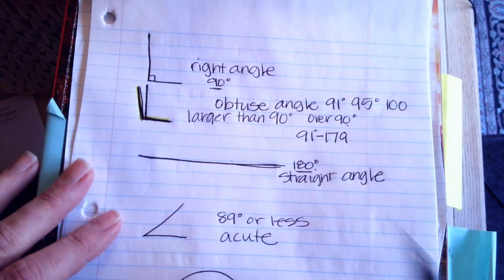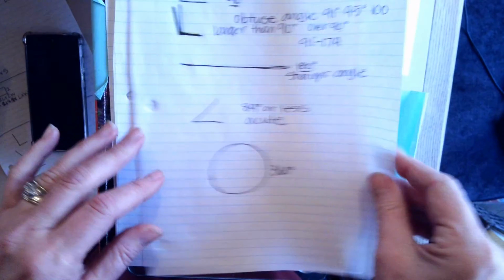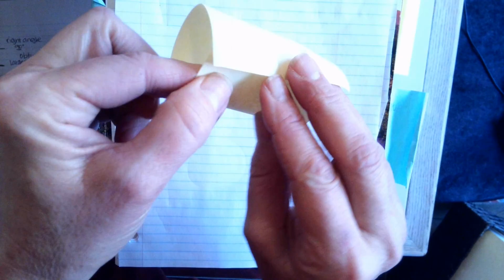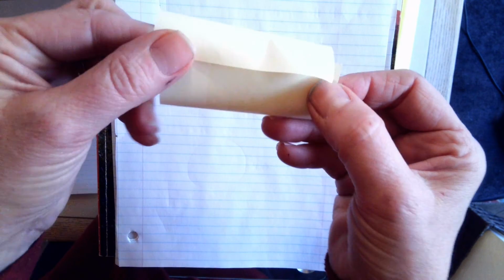So if you took this 180 degrees, I'm going to try to show you on Zoom. So here I have a piece of paper, and you can see this is 180 degrees, right? It's a straight line. If I take it and I fold it, it becomes two 180 degree angles. So let me grab two.